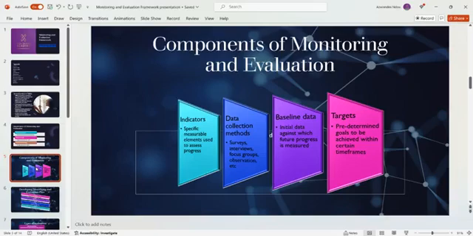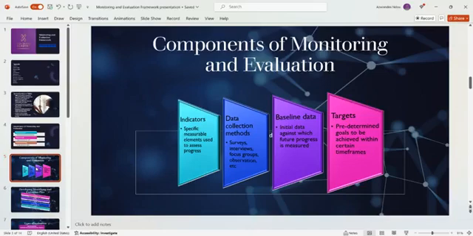Let's delve into then what are the components of monitoring and evaluation, because as we say, it's a very important study. Actually, in the elements of management, monitoring and evaluation becomes the center, because it gives you results to drive the organization, it gives you results to point you in a certain direction.